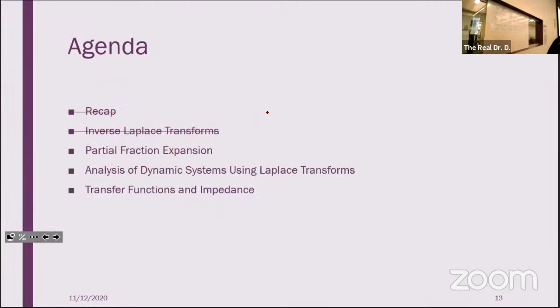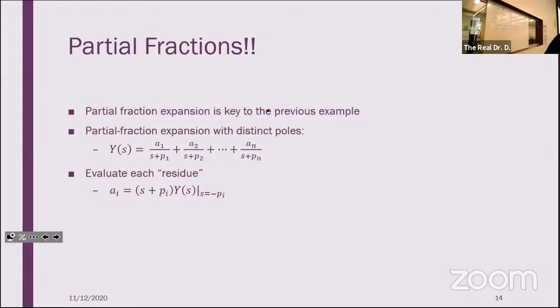So let's talk a little bit more about partial fraction expansion, because there's a couple rules that we need to follow. Partial fraction expansion is the key to the previous example. It unlocks it. It's what allows us to eventually get to a place where we are comfortable using the Laplace table to bring something out.